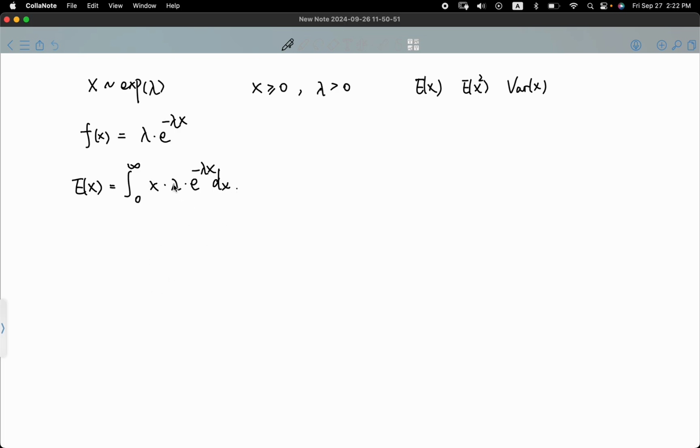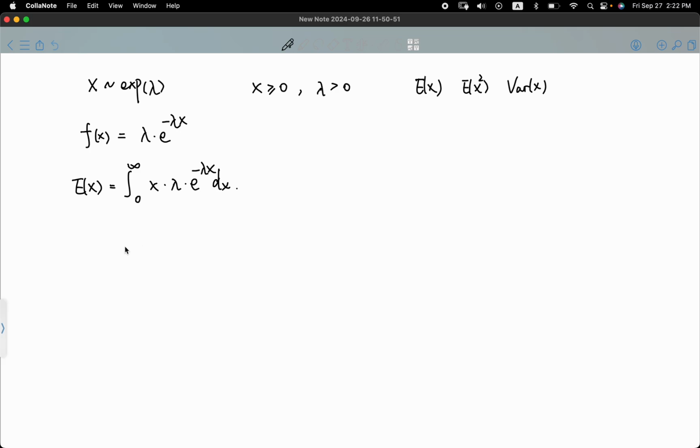Okay, so one thing here is that you have one copy of x here and then one copy of x here. So to evaluate this kind of integral, something that you learn from your calculus class is that you can do it by integration by parts.